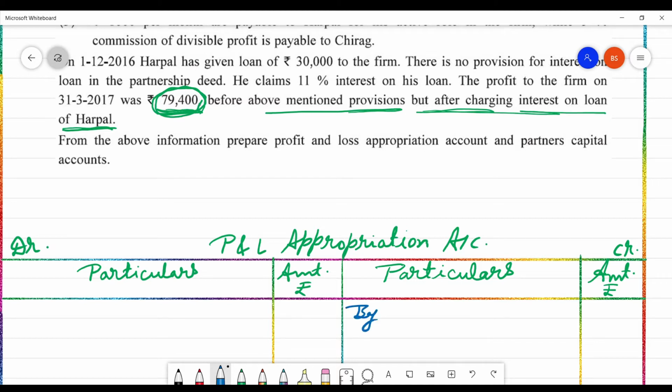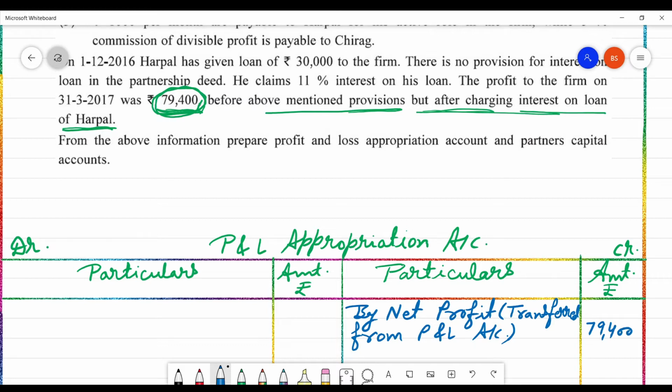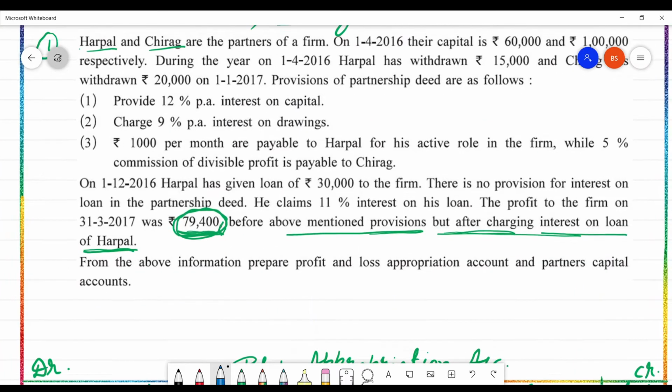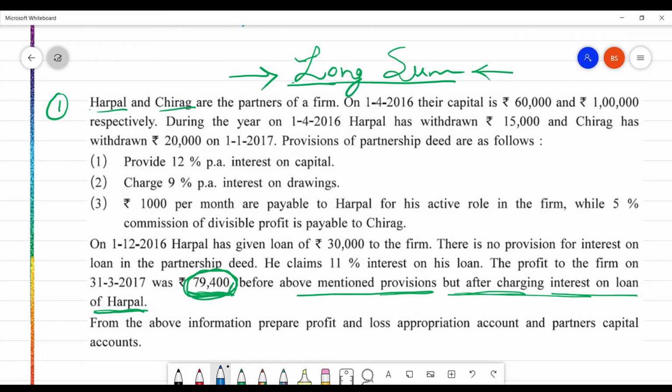We will write "By net profit", and in the bracket "transferred from P&L account", 79,400. After that, we will find out the capital balance from the sum. Here it is given that on 1st April 2016 their capital is 60,000 and rupees 1 lakh respectively.